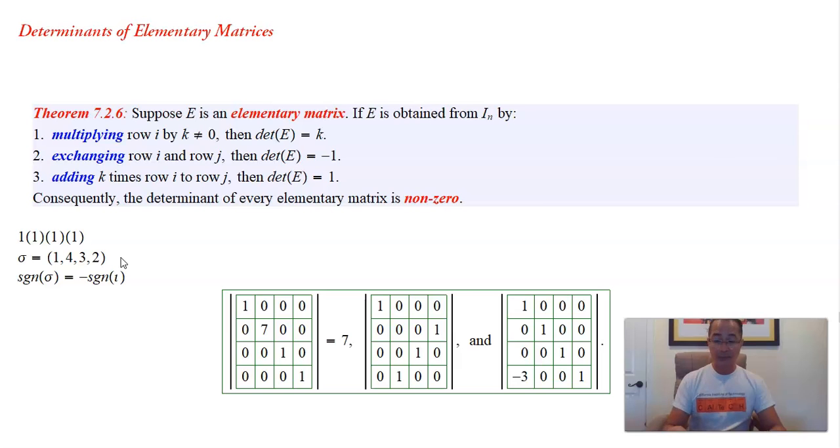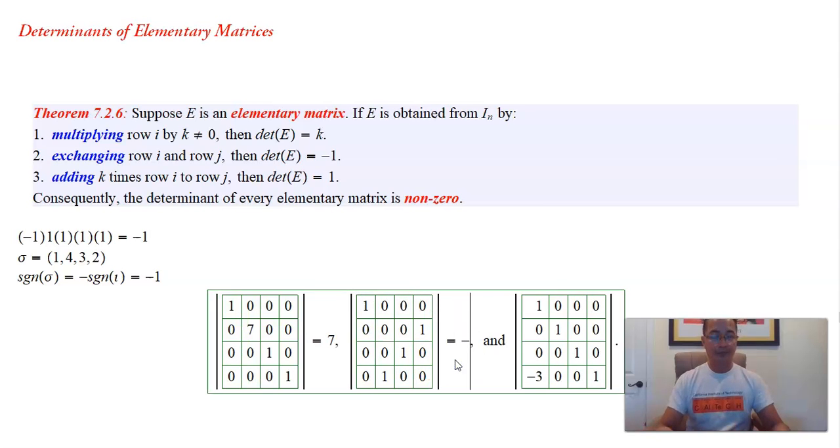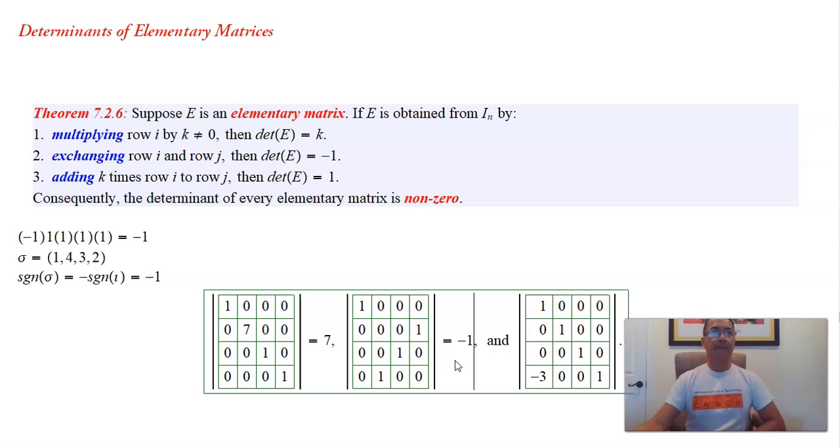And we said the sign is +1, so this sign is now -1. So that -1 gets multiplied to that product, and of course we get negative. So that determinant is negative.